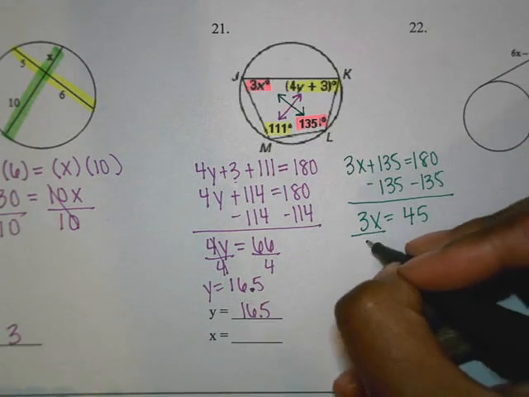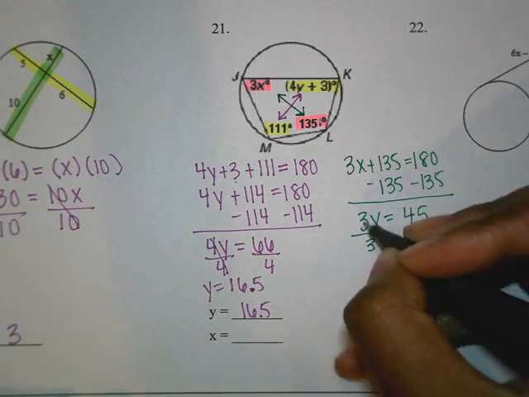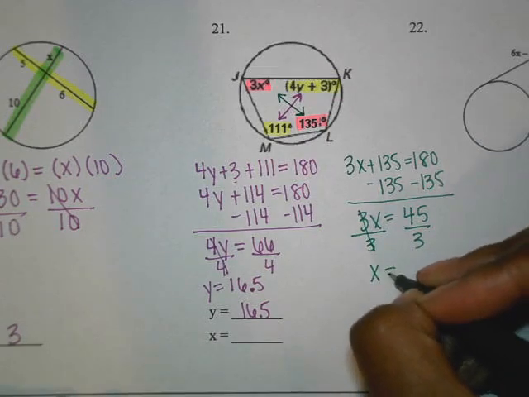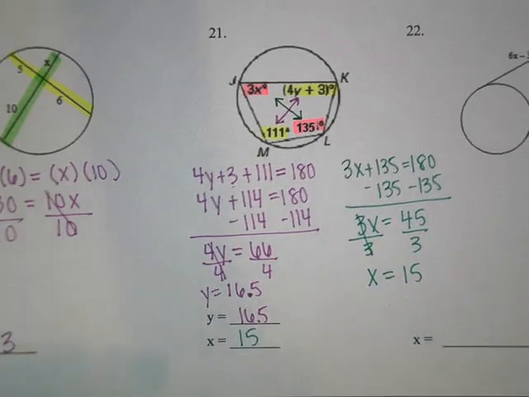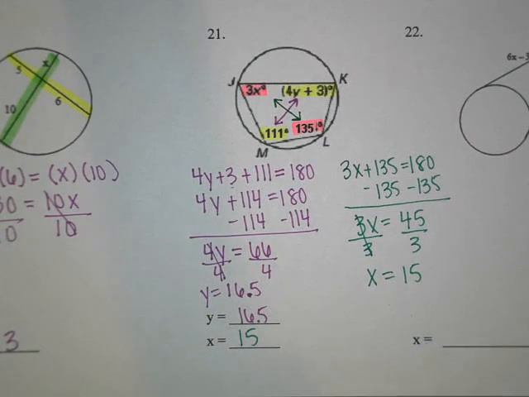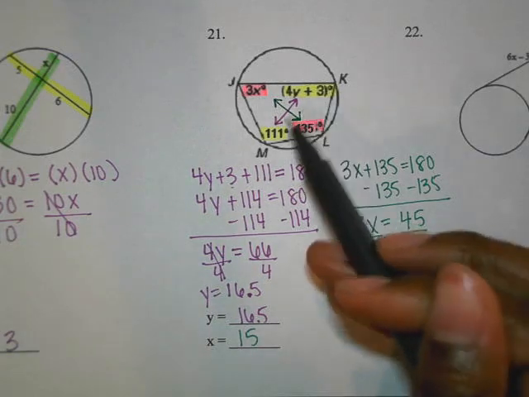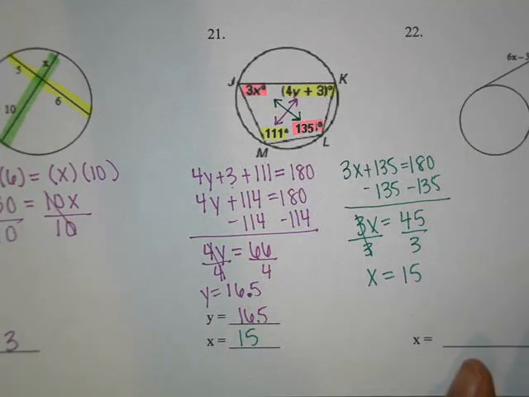To solve for x, I'm going to divide by 3, and x will equal 15. Okay, so I hope that makes sense. We have to remember that when you have a polygon or a quadrilateral inside of a circle, opposite angles are supplementary.